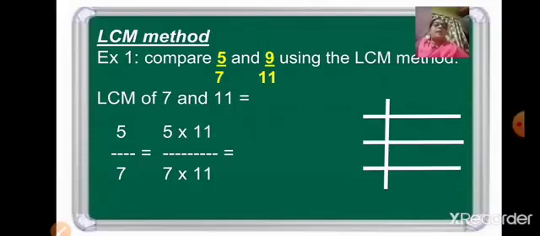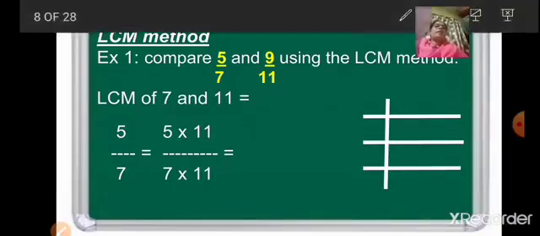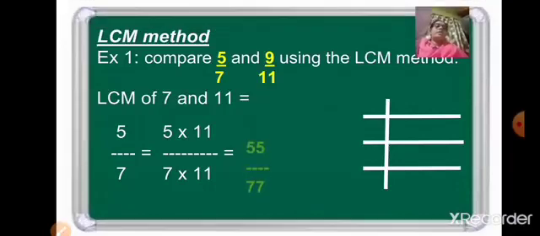So when you multiply the denominator by 11, you will multiply the numerator also by the same number. So 5 into 11 and 7 into 11, that is 55 upon 77. So the first fraction becomes 55 upon 77. You have to make both the fractions like denominators.